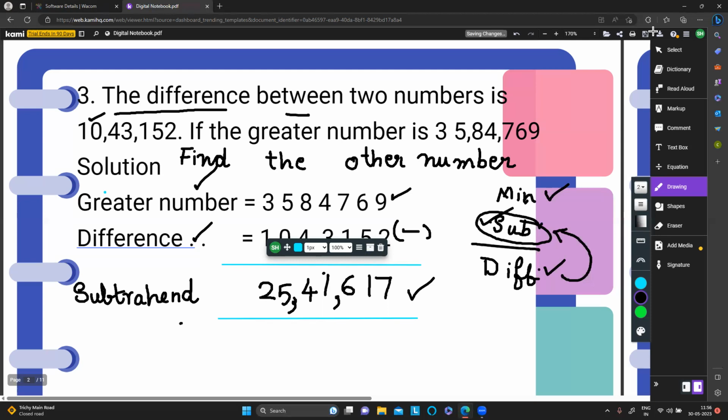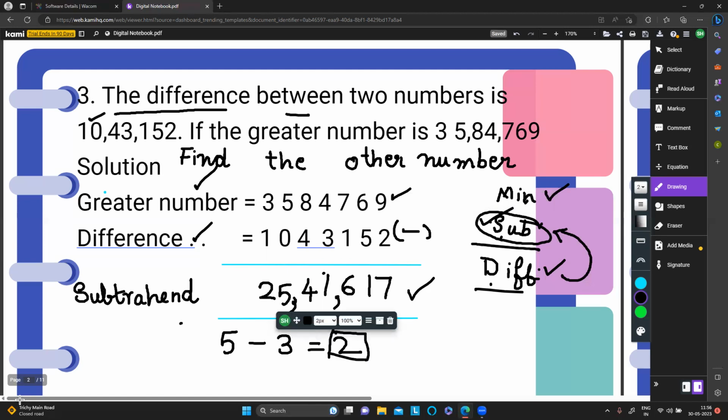So in case they are giving you the subtrahend and the difference, then you have to add the difference and the subtrahend to get the minuend. For example, I'll give you a small sum. 5 minus 3 is equal to 2. In this above sum, what they have given is the difference as 2. So what you have to find is 3.